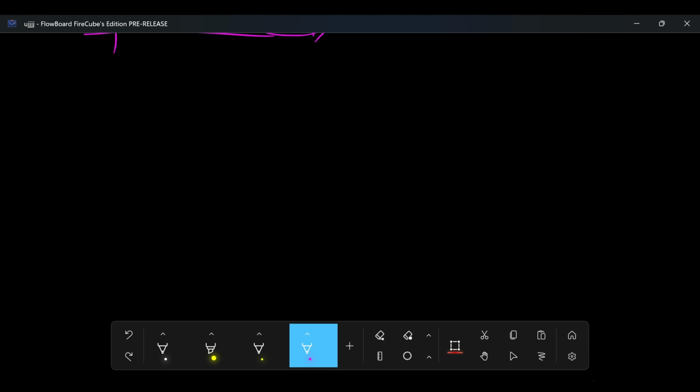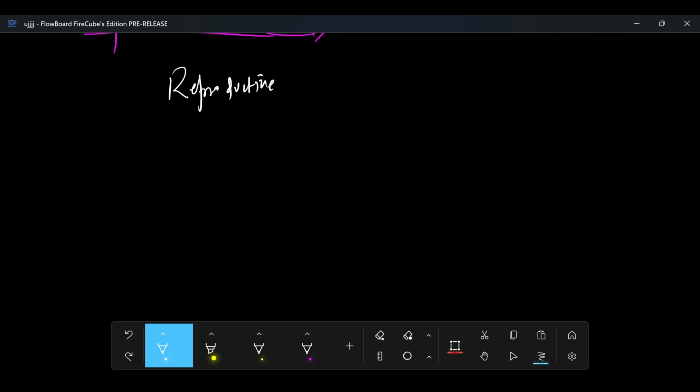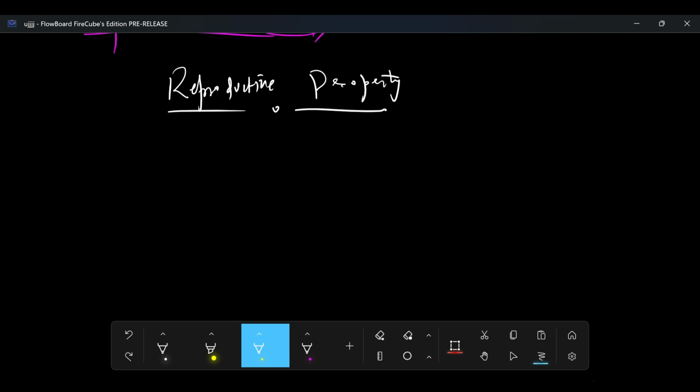Now there is a property that's known as the reproductive property. What is this property all about? It says that the sum of k independent chi-square variates is also a chi-square variate.